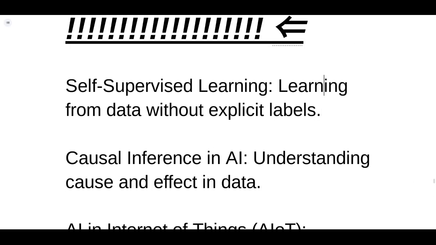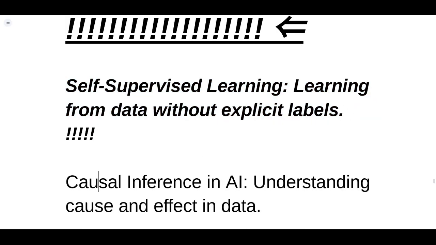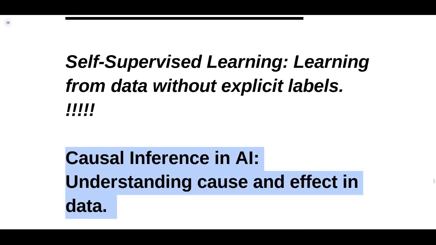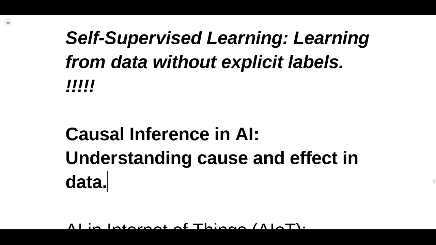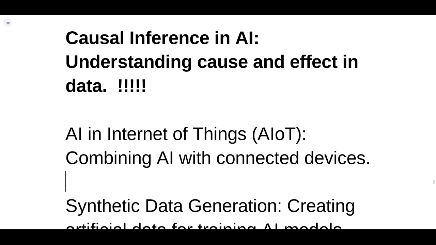Then there is self-supervised learning, learning from data without explicit labels. So, very, very important, very interesting. Then causal inference, understanding cause and effect in data. This is also interesting. AI in Internet of Things, combining AI with connected devices, AIoT.